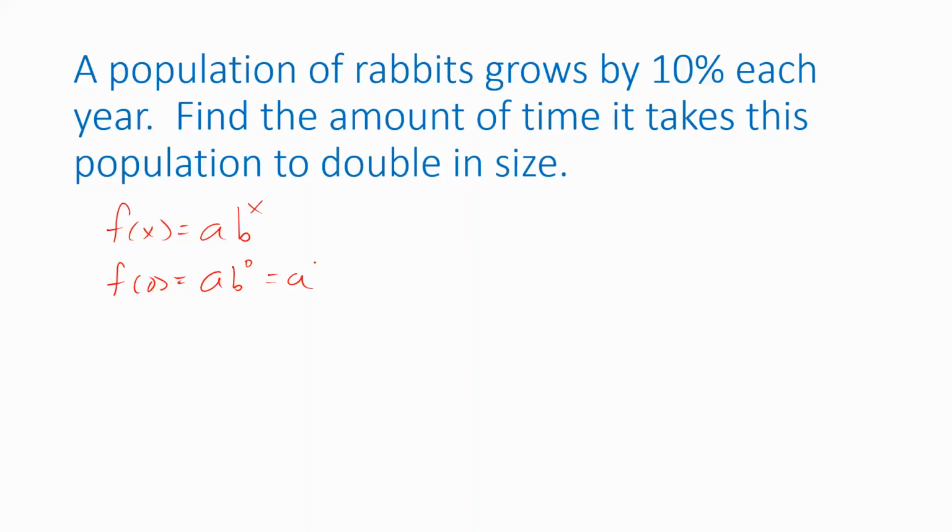Now, do we know b? And it might not look like it, but actually we do, because we're told that the population grows by 10% each year. And so that's a standard way of describing the base in an exponential. The base is 1 plus the growth factor.